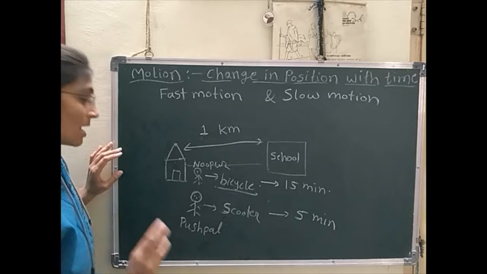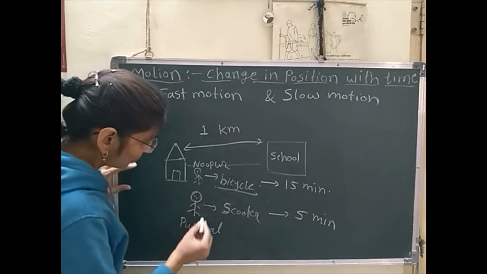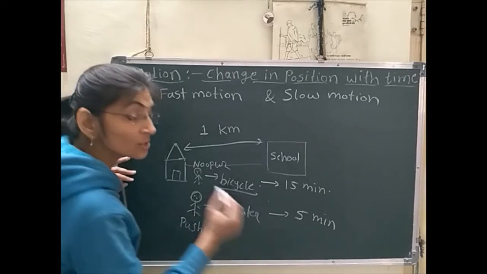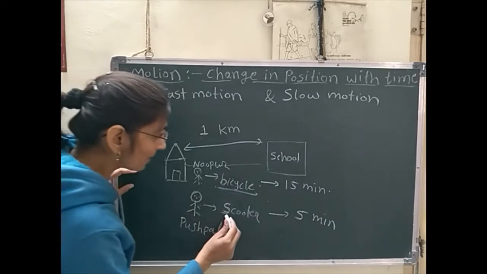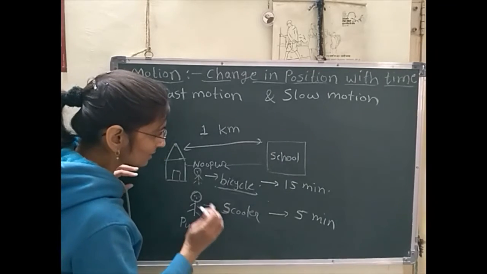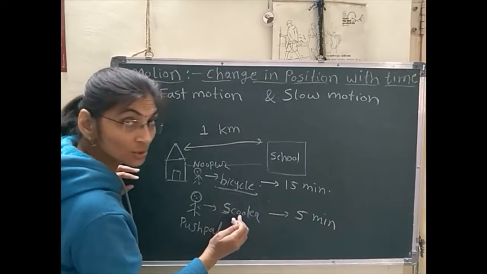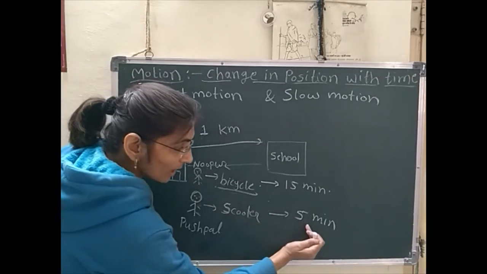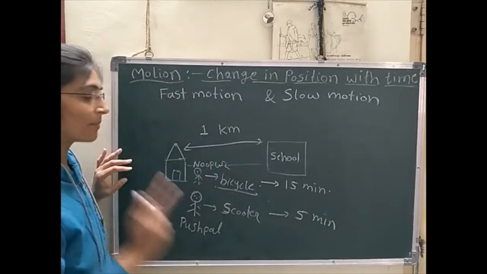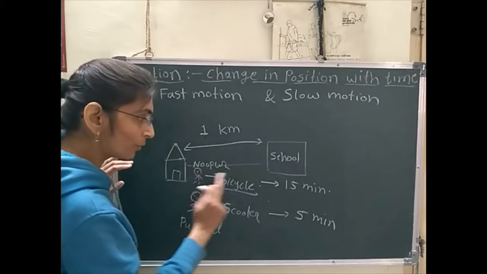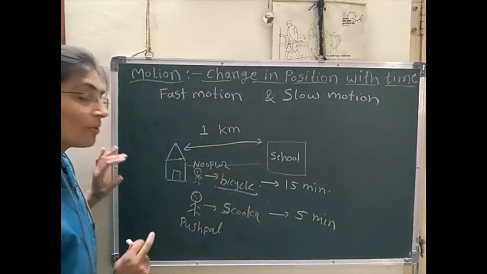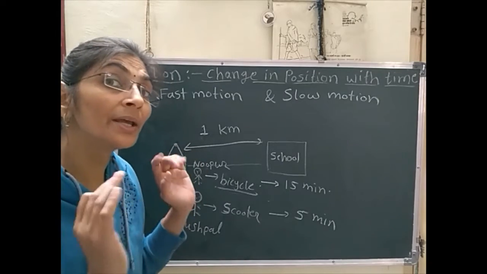Then the second person, Pushpal, is traveling by scooter. She is covering the 1 kilometer using the scooter, and she reached after 5 minutes, and Nupur reached after 15 minutes. So, whose speed is more?